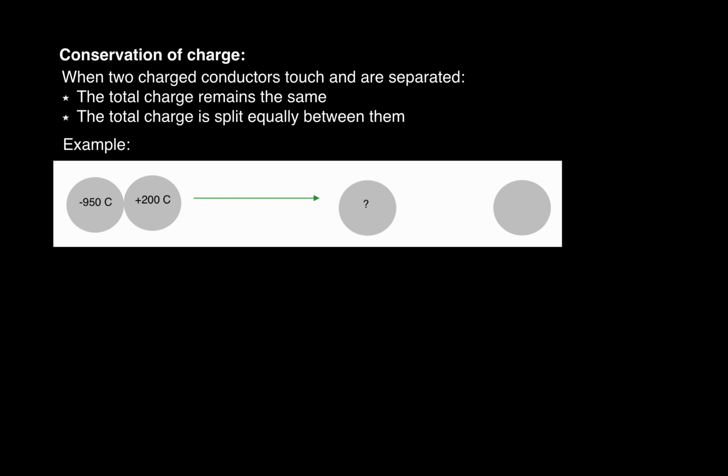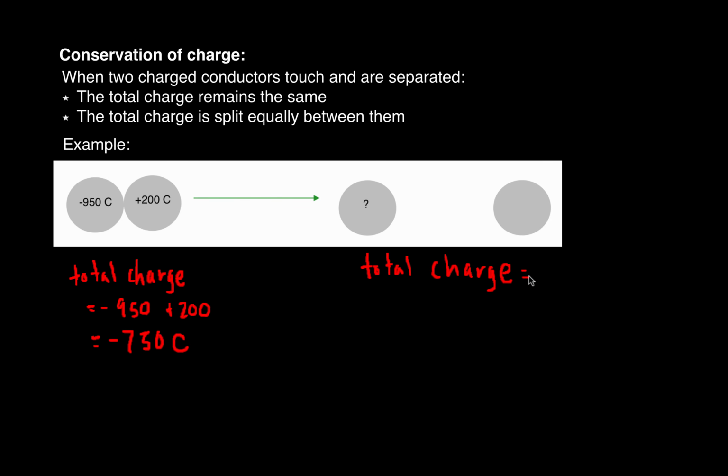Here's another example. Two charged conductors are brought together to touch. Together, they form a total charge of minus 950 plus 200, which is equal to minus 750 coulombs. We know after they're separated, the total charge must remain the same because of the law of conservation of charge.